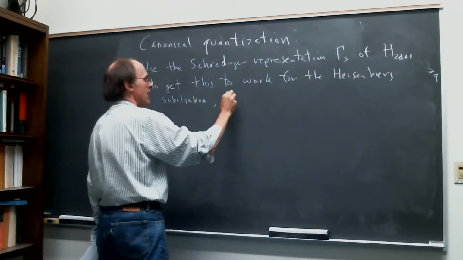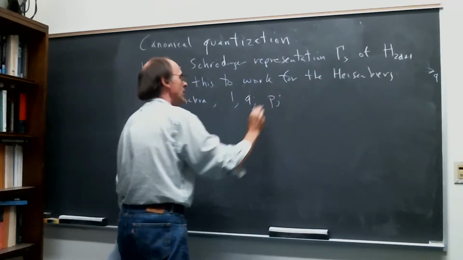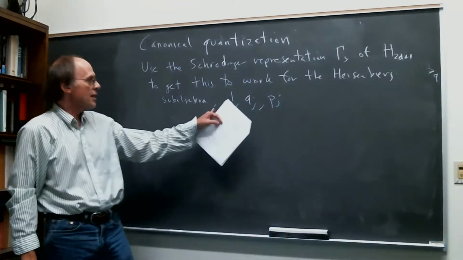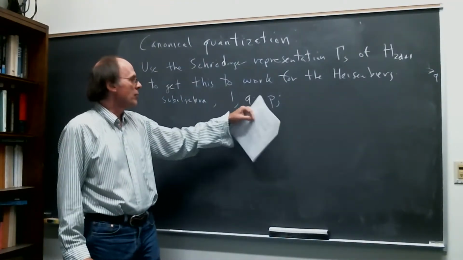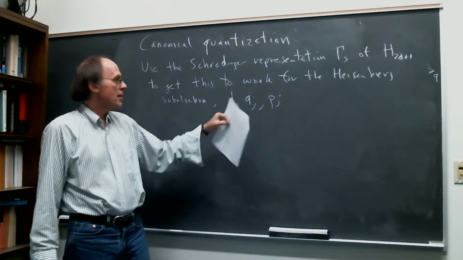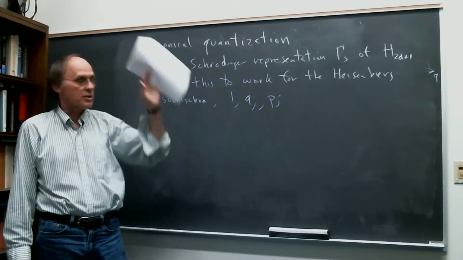This is the algebra of the things that are 1, QJs and PJs. If you just take the linear functions on M with these basis elements, this gives you a sub-Lie algebra of the Lie algebra of all functions.